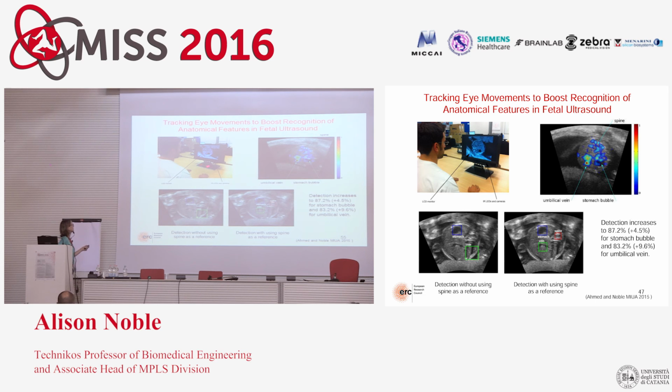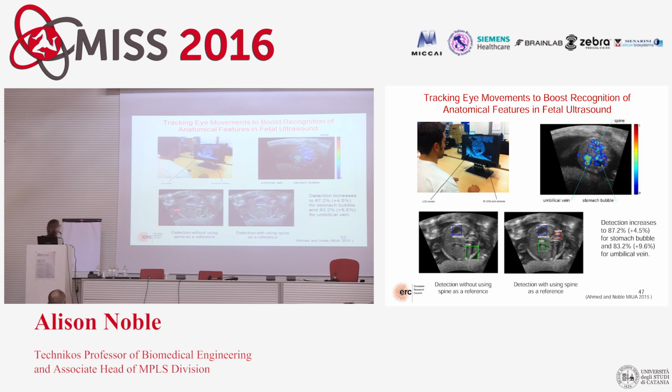This was some work we did on people interpreting and doing characterization and grading of abdominal scans. What they tell you in the guidelines is that they look for the umbilical vein and they look for the stomach bubble. But what they don't tell you is that everybody also looks at the spine.